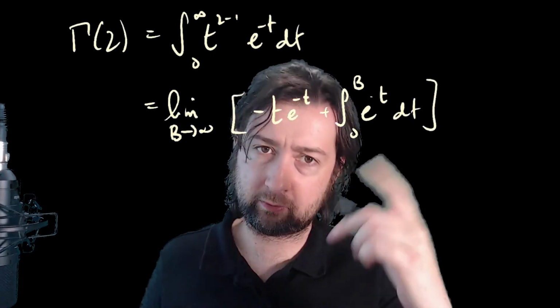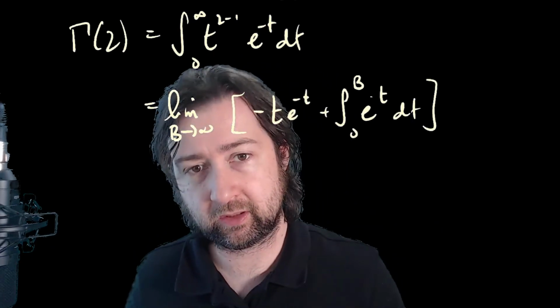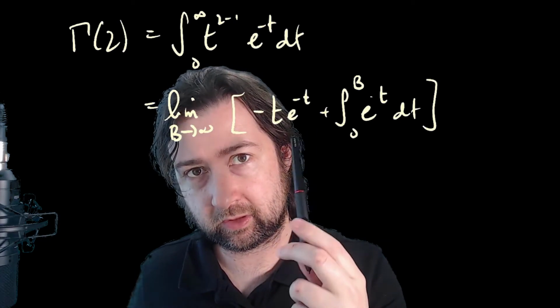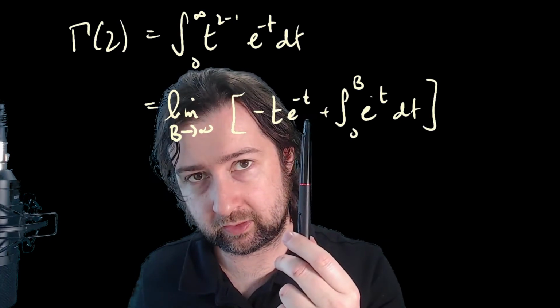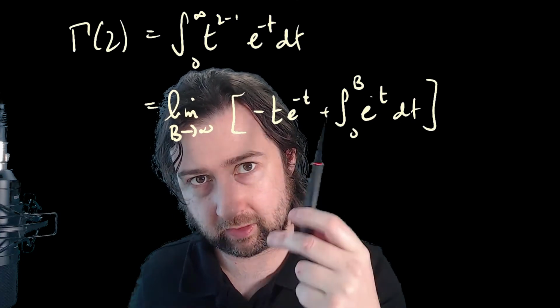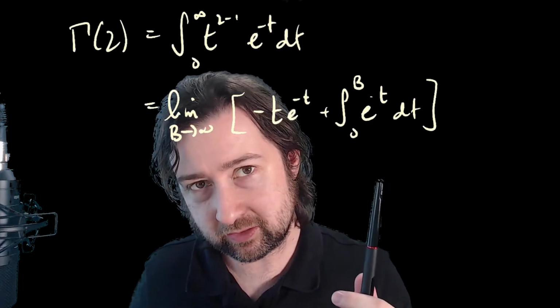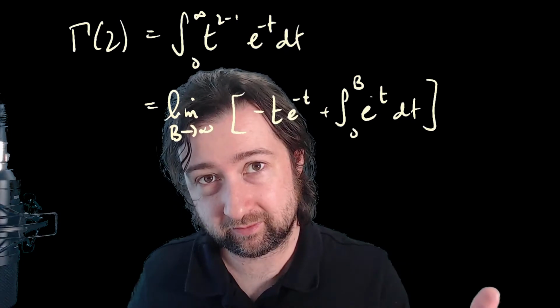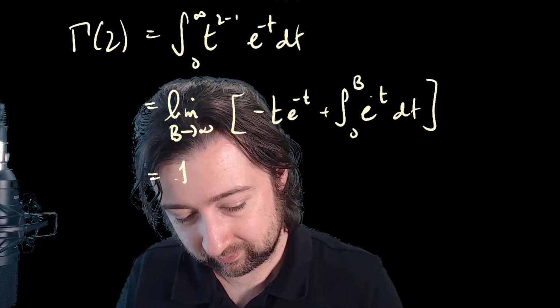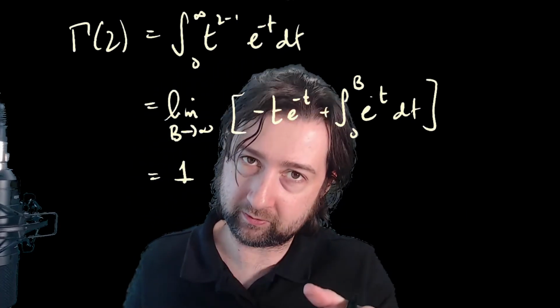You'll get that after you do integration by parts. When you evaluate this limit, all of this stuff disappears because when you go to infinity, this part goes to 0, and at 0, that part goes to 0, so that whole term vanishes. And this turns out to be equal to 1. So gamma of 2 is equal to 1.